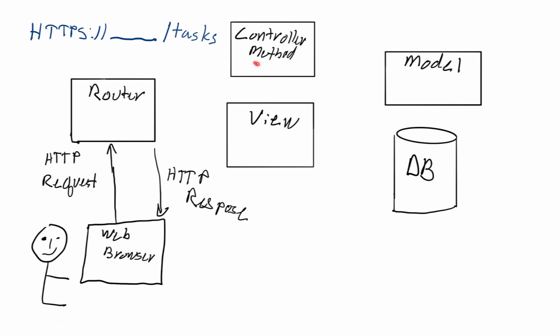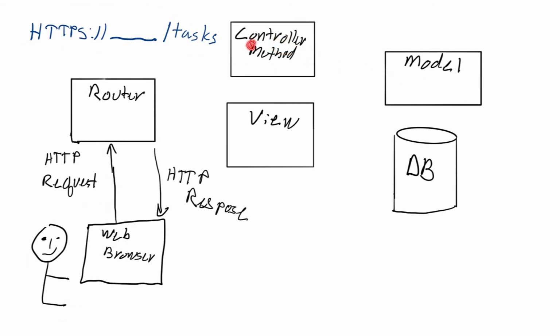Now that method will start off and it will ask the model to give all the tasks back to it. The model will write a SQL statement, query the database, and then create objects, one for each task. So it'll instantiate a task object for each task in the database, and then it will pass that array back to the controller.